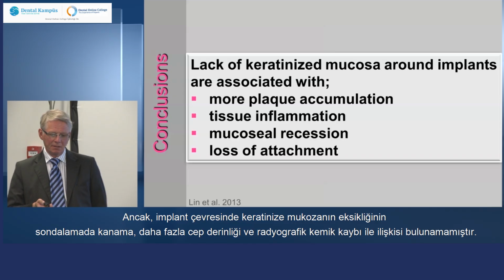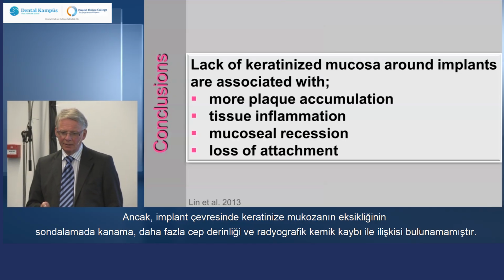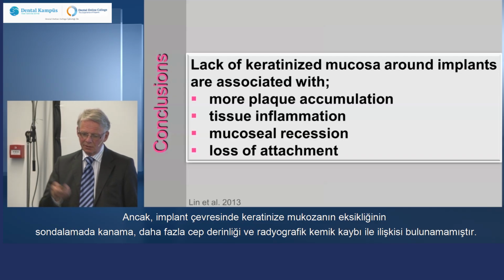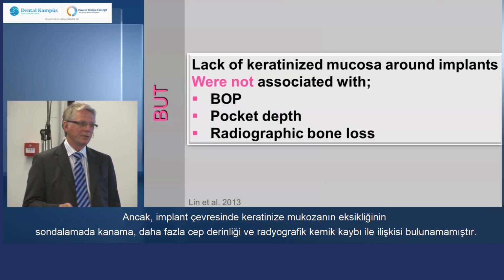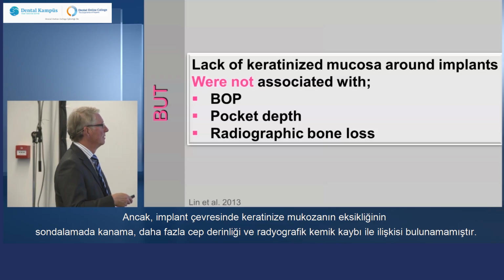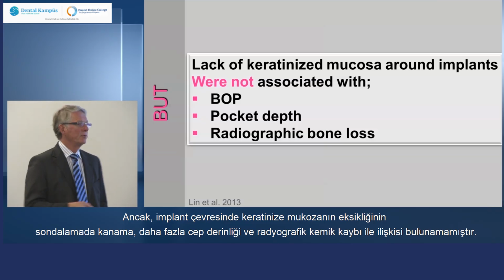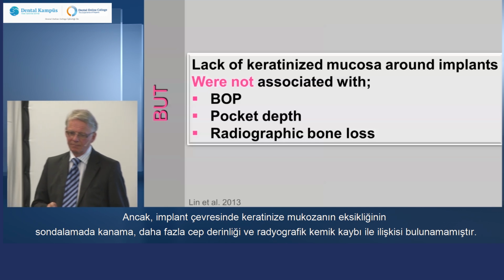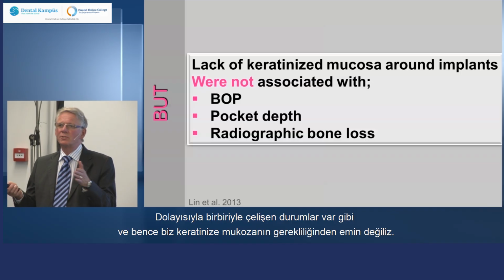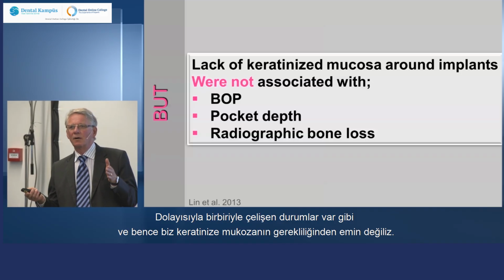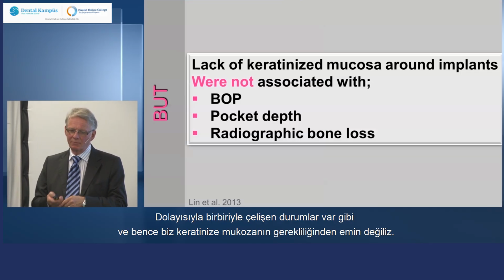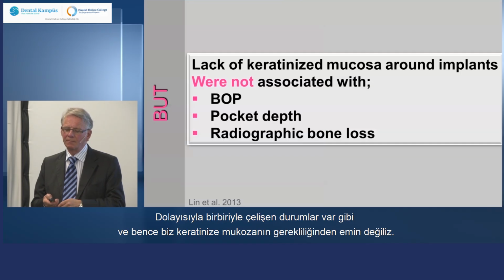But they also found that lack of keratinized gingiva, or mucosa, you should use the word mucosa, around implants was not associated with bleeding on probing, with more pocket depths, or with radiographic bone loss. So, I mean, there are some contradictory things, and I think we still are unsure about really the importance of the presence of keratinized gingiva or mucosa.